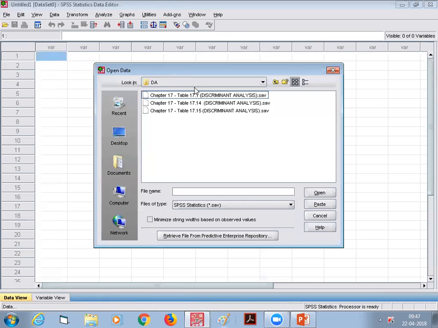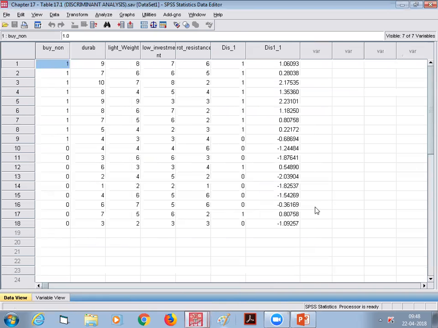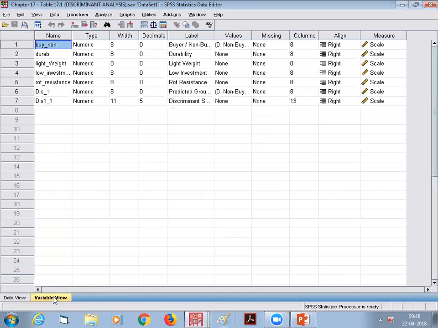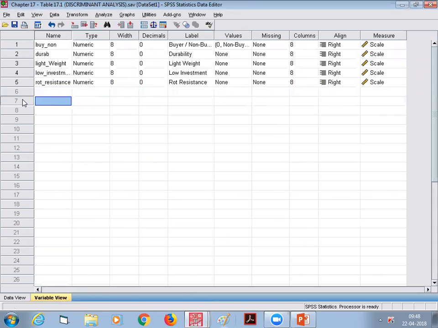Okay, so let us take this first example. This is what I explained now; the same thing I will do. The same simple example that I gave. The variable you can see is buyer or non-buyer of a product.